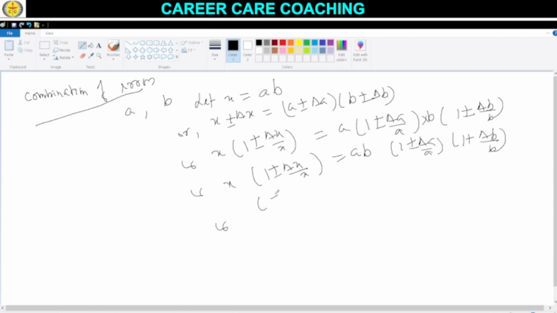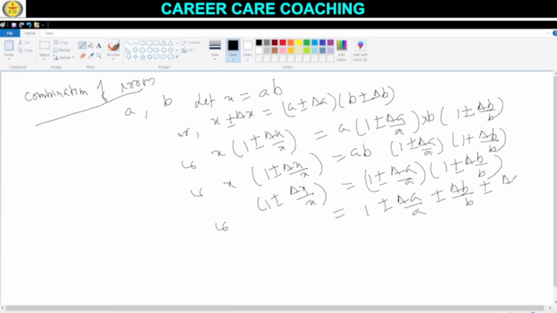We can write 1 plus or minus delta X by X is equal to 1 plus or minus delta A by A whole into 1 plus or minus delta B by B. Taking the product, this becomes 1 plus or minus delta A by A plus or minus delta B by B plus or minus delta A by A into delta B by B. This relative or fractional error being very small, the product term may be neglected.